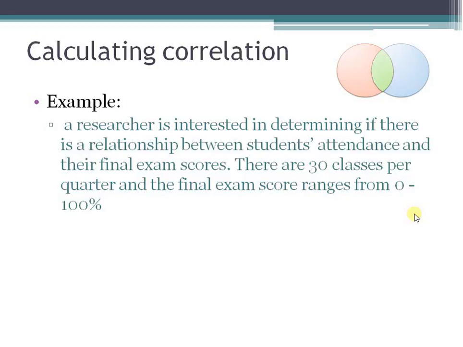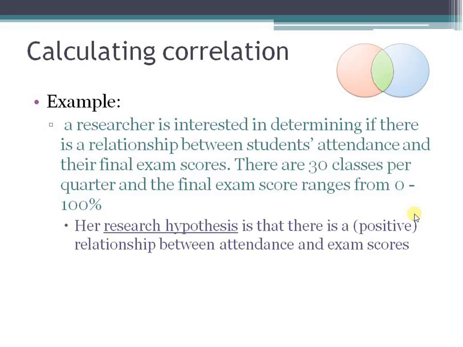So for example, and this is funny, I talk about this example all the time, and I never have taken attendance until recently. And so this is actually a question that I could ask, which is, is there a relationship between attendance and exam scores? So let's say for the sake of example, there are 30 classes per quarter and the exam scores range from 0 to 100.